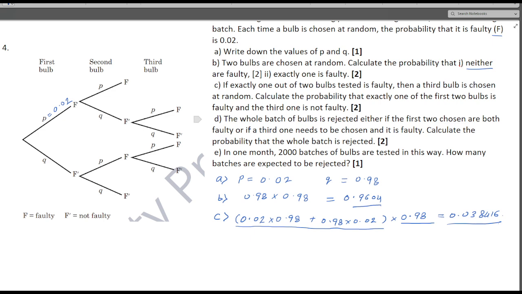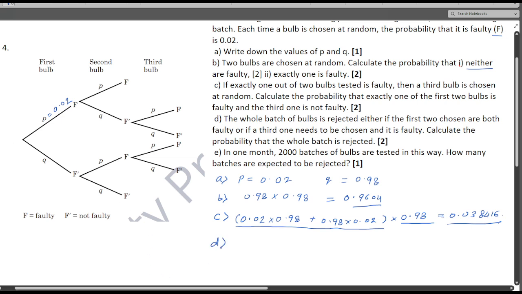Again, the whole batch of the bulbs is rejected either if the first 2 chosen are both faulty or if a third one needs to be chosen and it is faulty. Now, what is the condition for the whole batch to be rejected? That your first 2 bulbs are faulty. The possibility of the first two bulbs being faulty is 0.02 times 0.02.